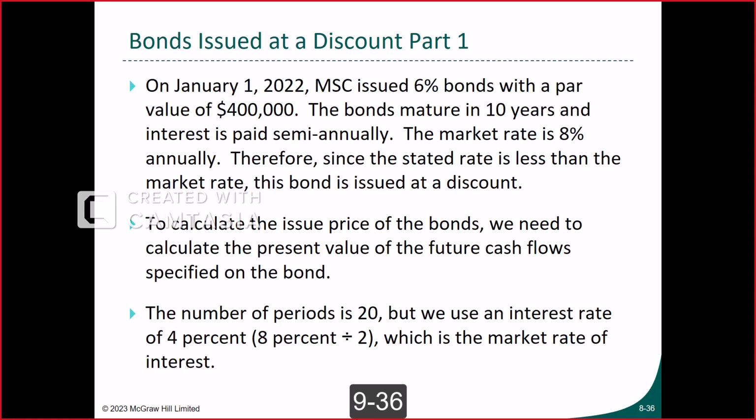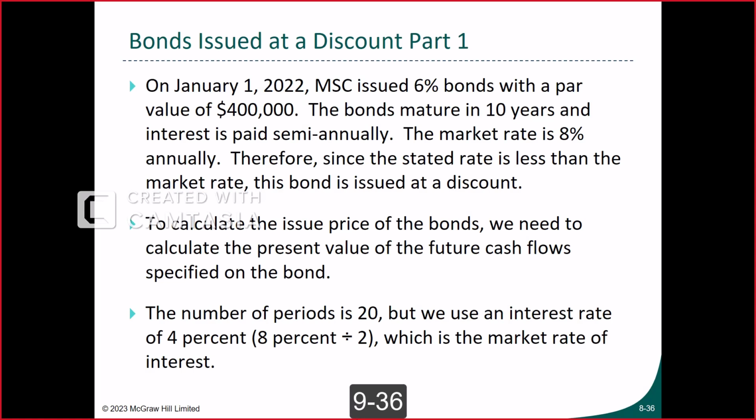It is called either market rate, the yield rate, or the effective rate. They are all synonymous. So market rate, yield rate, or effective rate is the interest rate offered by the market. So in this case, the bond is issued at a discount.